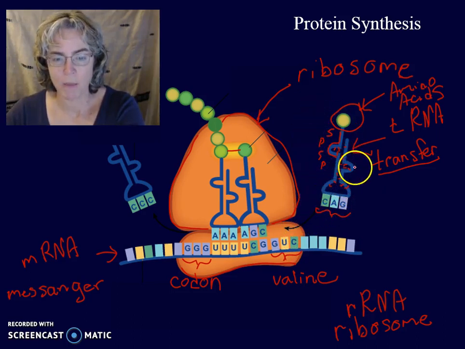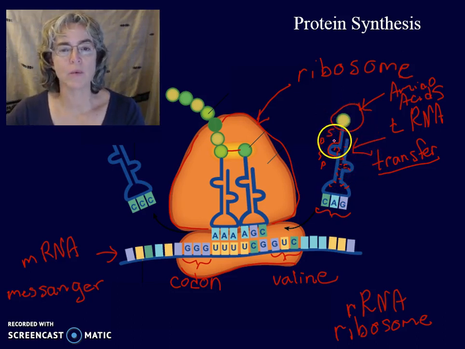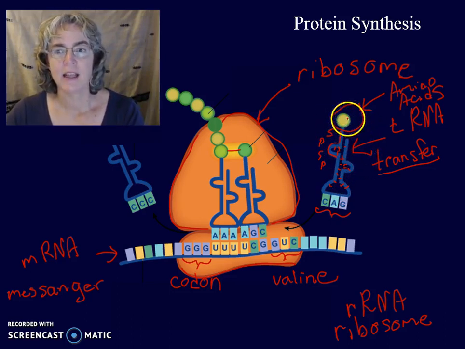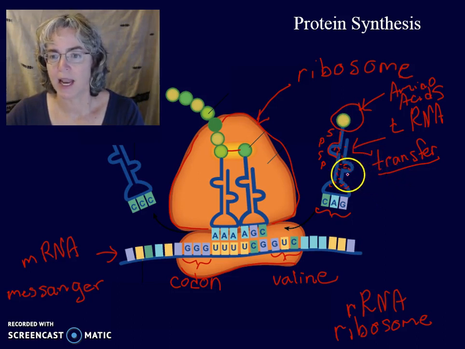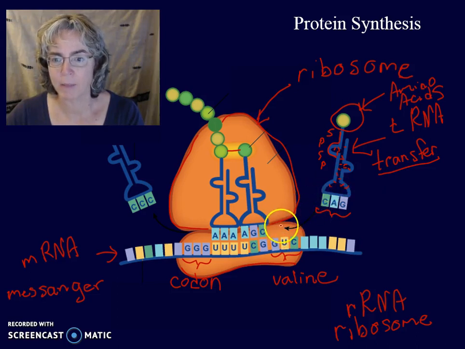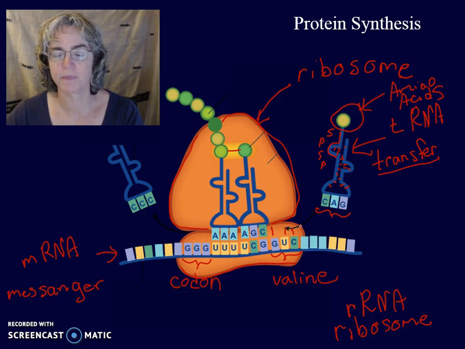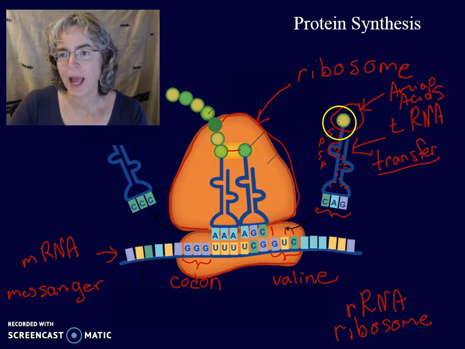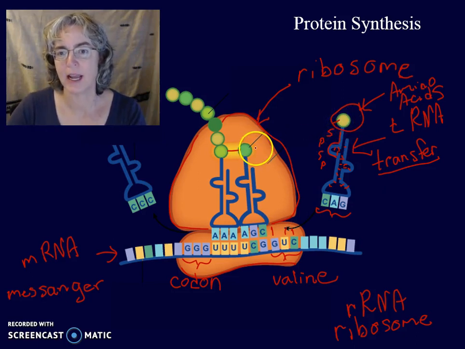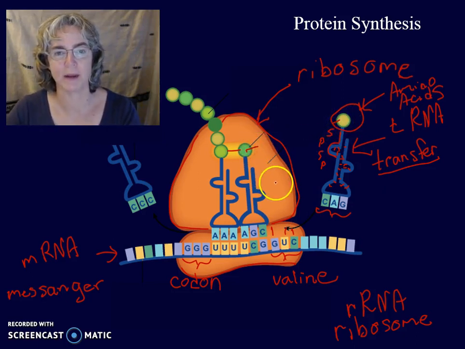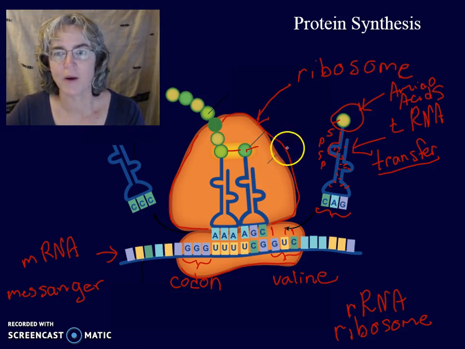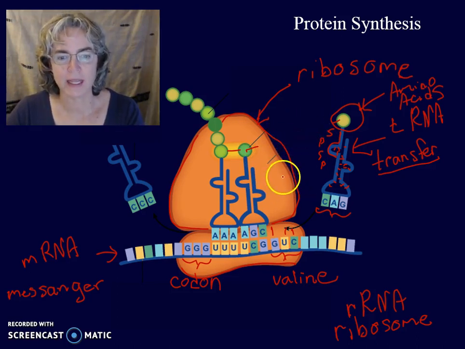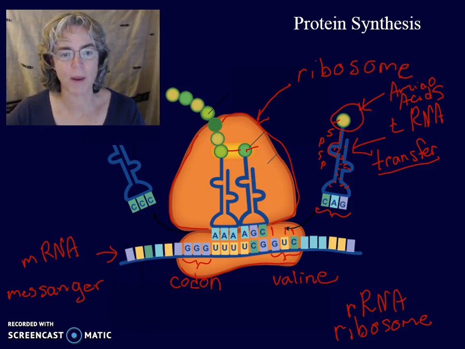This tRNA molecule is just floating around in the cytoplasm, and it comes in, and because they're attracted, it bonds in and sticks right there, and then moves down, and this amino acid is going to be bonded to that amino acid. Okay, in the next video, we're going to talk more about how this happens.